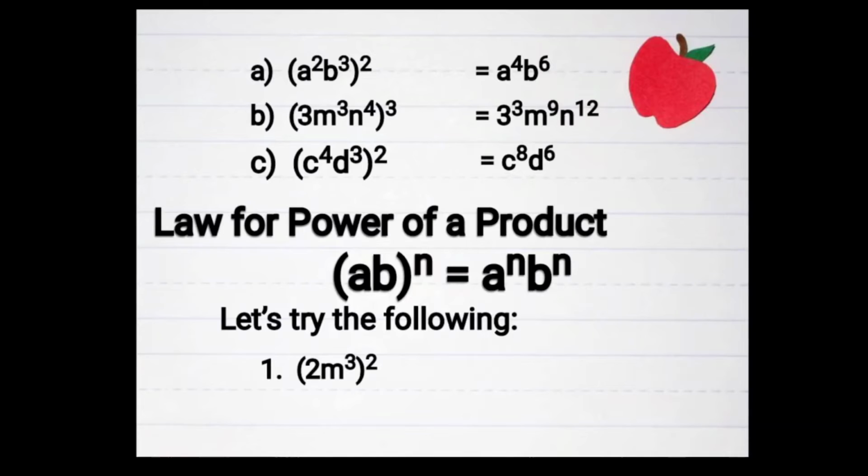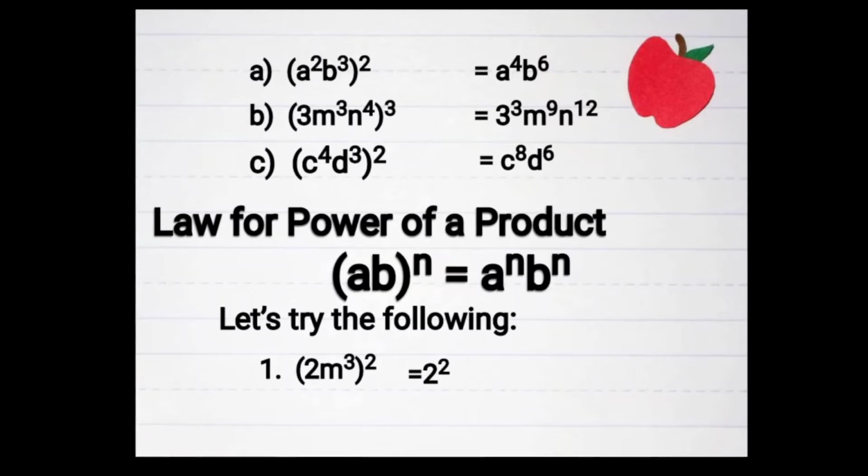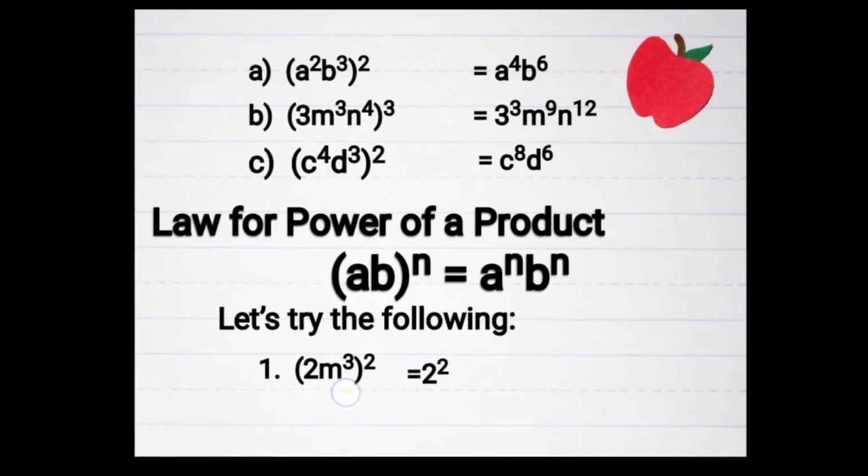Let's have 2 times m cubed, squared. So copy the base 2, then multiply 2 times 1 because the exponent of 2 is 1. 2 times 1 is 2. That's why we have 2 squared. Then copy the base m, then multiply 2 times 3 is 6.